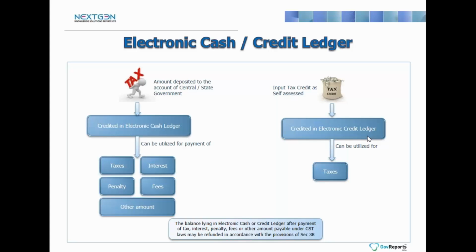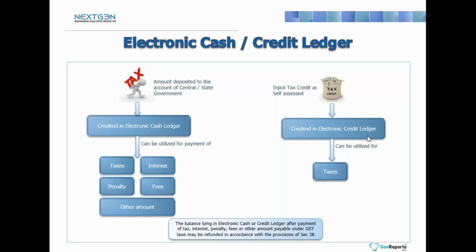Now, electronic credit ledger. See, the electronic credit ledger is basically where we are entering the ITC credit to which the taxpayer is entitled. And here the compliance software will do the reconciliation and it will show the mismatch items for which the input tax credit has not been received in the GST portal.